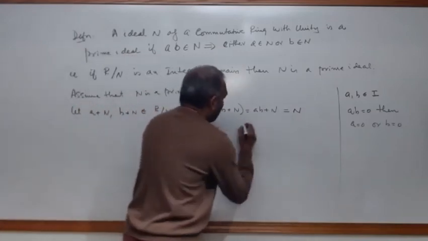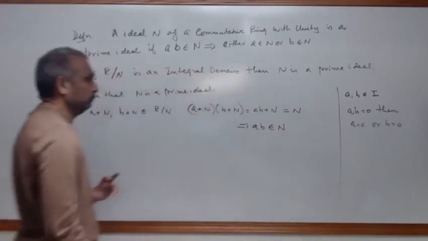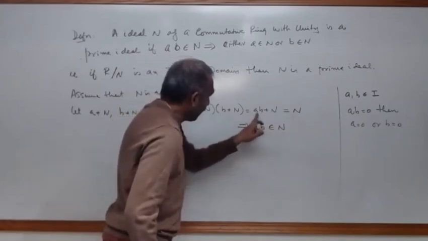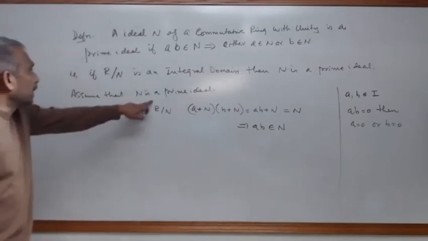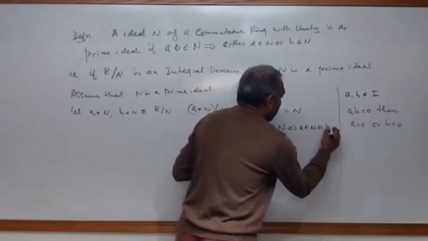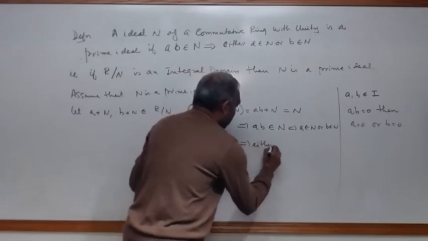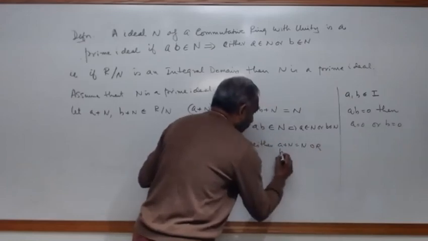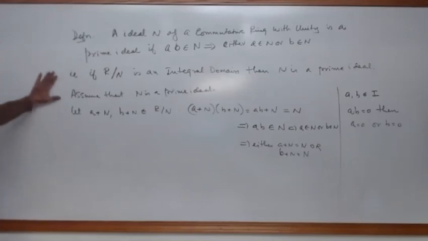This means AB belongs to N. If this is equal to 0, that means AB belongs to N. AB belongs to N, and by the definition of prime ideal, this means either A belongs to N or B belongs to N. That means either A plus N is equal to 0 or B plus N is equal to 0. And that's what we want to prove.